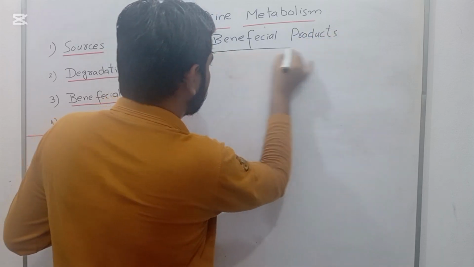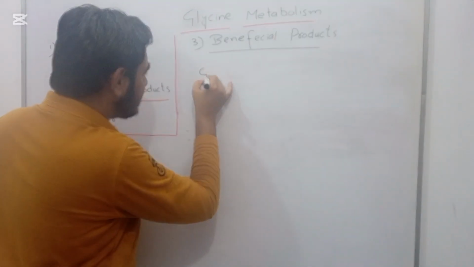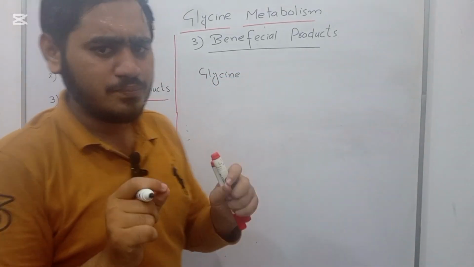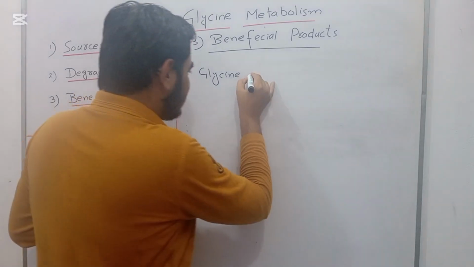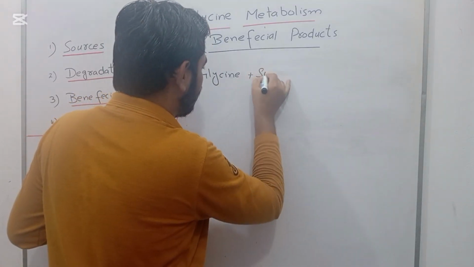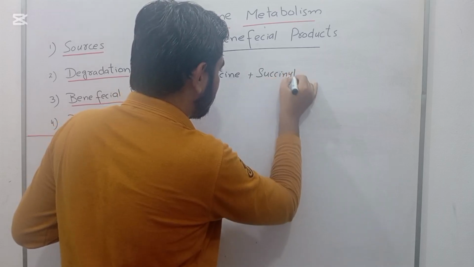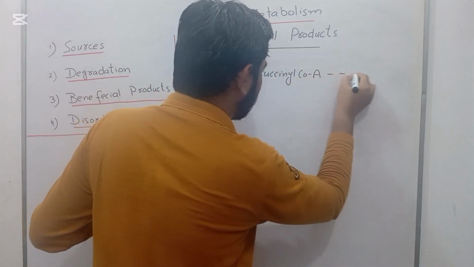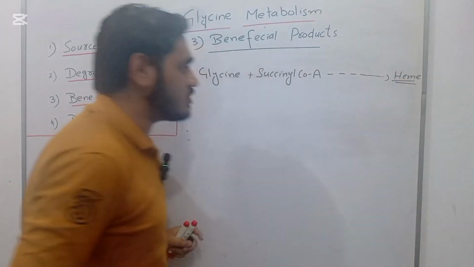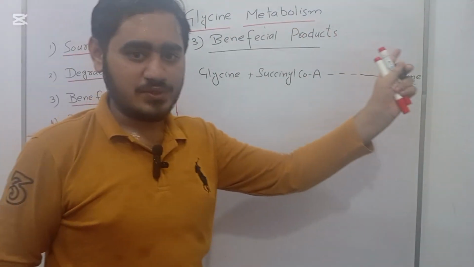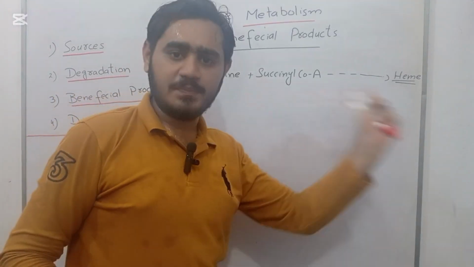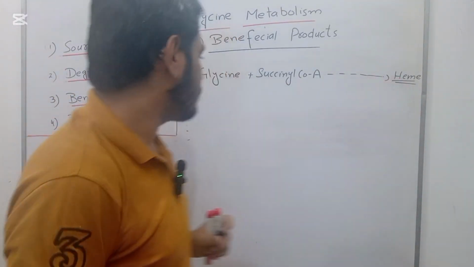First of all, glycine plays a very important role in the synthesis of heme. This glycine basically gets condensed with succinyl CoA, and through multiple reactions it forms heme. So this is the first product from glycine metabolism: glycine gets condensed with succinyl CoA and through multiple reactions it forms heme.